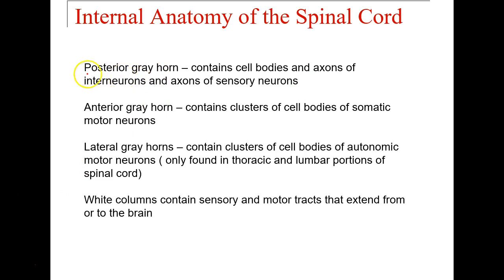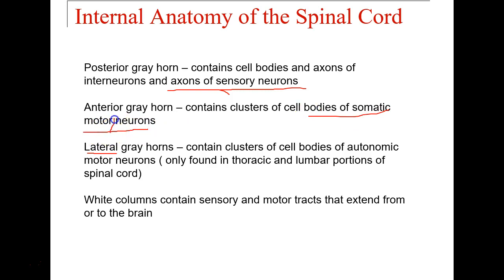Within the gray matter, we have a posterior gray horn, anterior gray horn, and a lateral gray horn. The posterior gray horn will be cell bodies and axons of interneurons for sensory, so axons of sensory neurons. Anterior gray horn, clusters of cell bodies of somatic motor neurons.